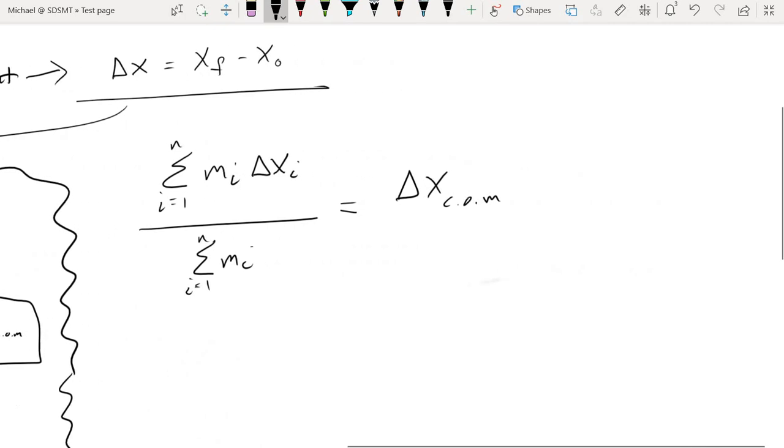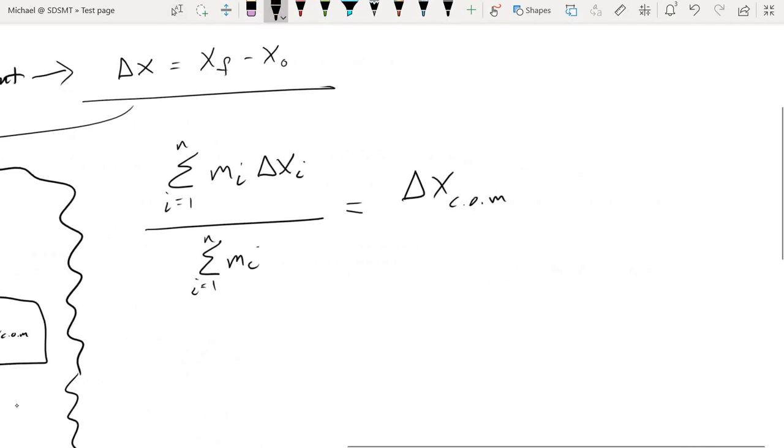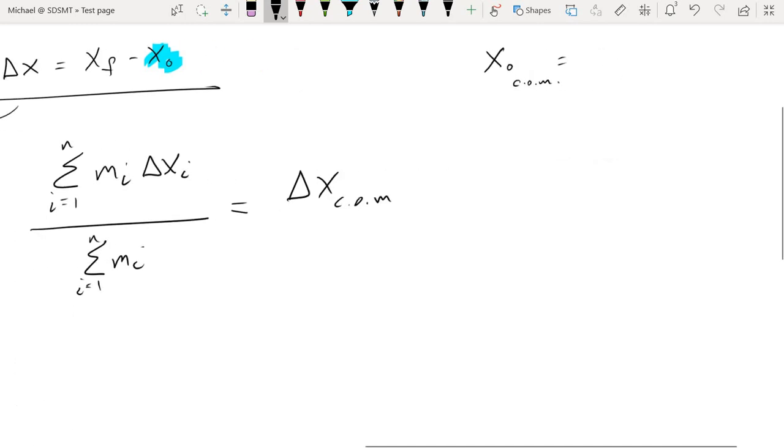And the way that we can justify that is we can take x initial, sorry, I wanted to highlight that, not cross it out. We can take x initial and we can say, all right, the initial center of mass location will be based on the sum of each individual mass times all of the individual initial locations divided by the total mass.